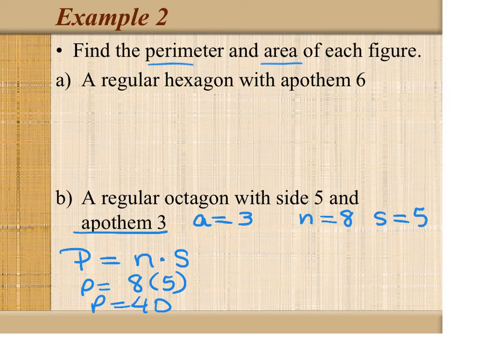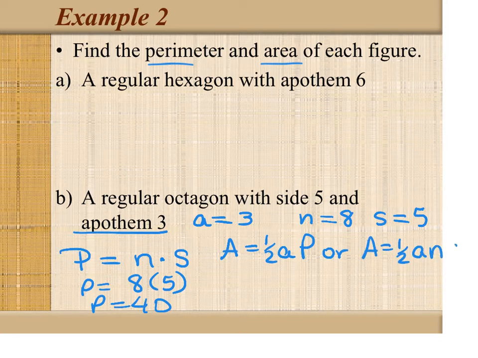The formula for area, since I've already calculated the perimeter, and let me just show you both ways: apothem times perimeter, or I could take 1/2 apothem times number of sides times side length. I can do it either way.